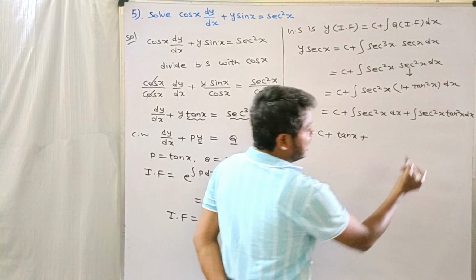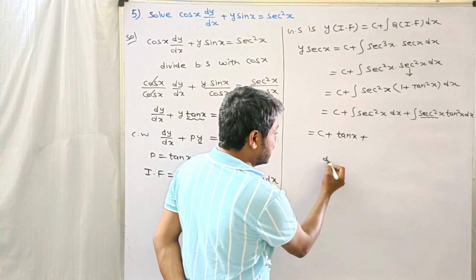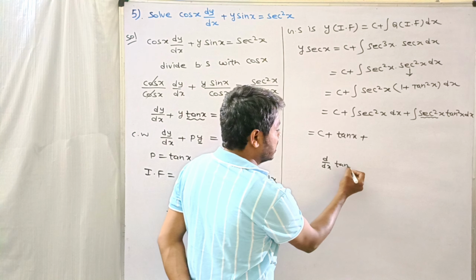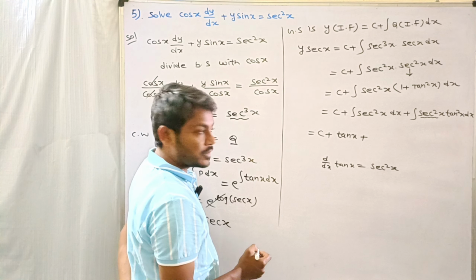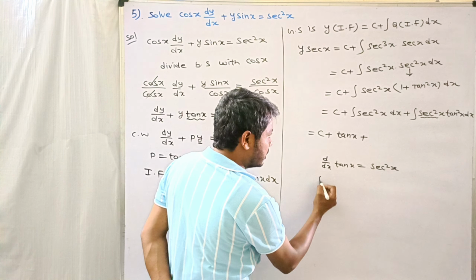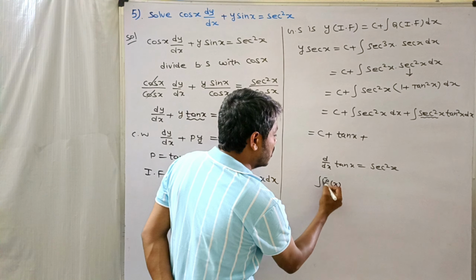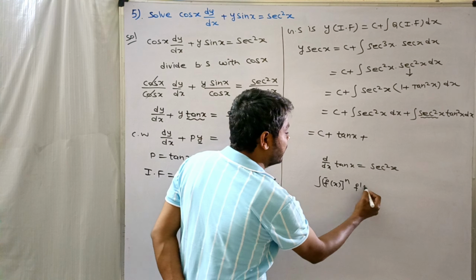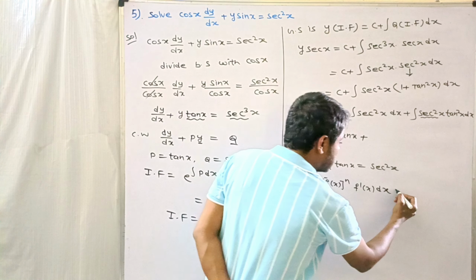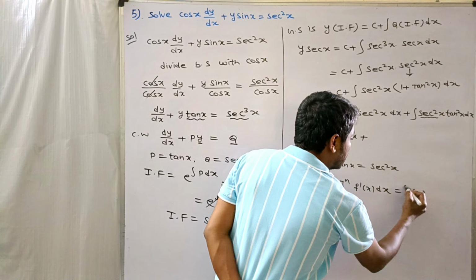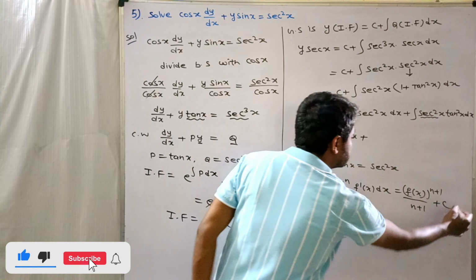Next, clearly which is of the form? We know the derivative of tan x. What is the derivative of tan x? Secant square x. So clearly this is of the form integral f of x whole to the power of n into f dash x dx. This integration formula gives f of x whole to the power of n plus 1 by n plus 1, plus c.